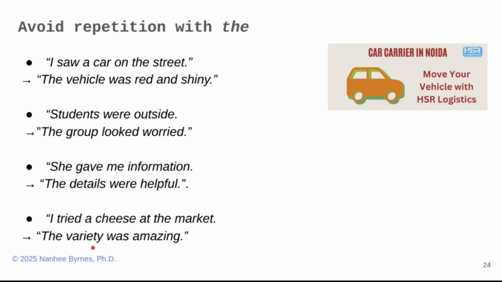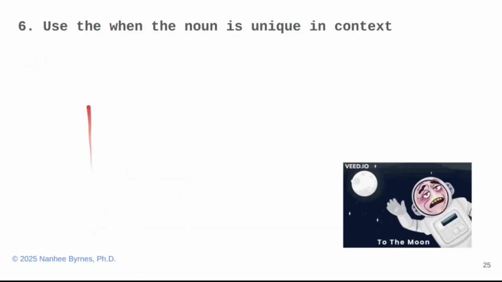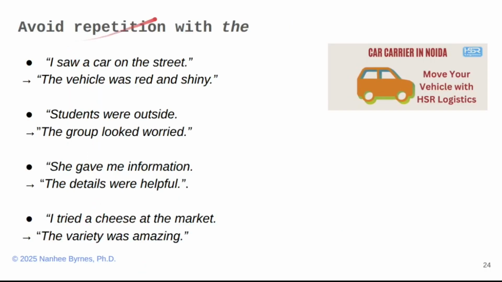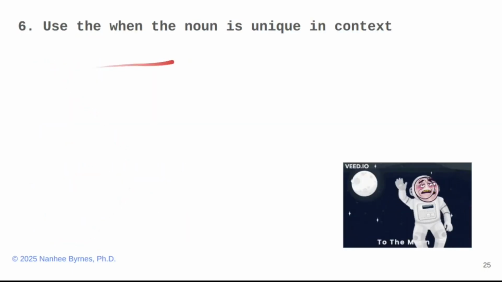Using a related word naturally to refer back. Whenever you use the, you signal to your listener that the noun is definite, known, or mentioned earlier. This makes your speech and writing precise, fluent, and natural. By varying the words you use to refer back, you avoid repetition while keeping the connection clear.